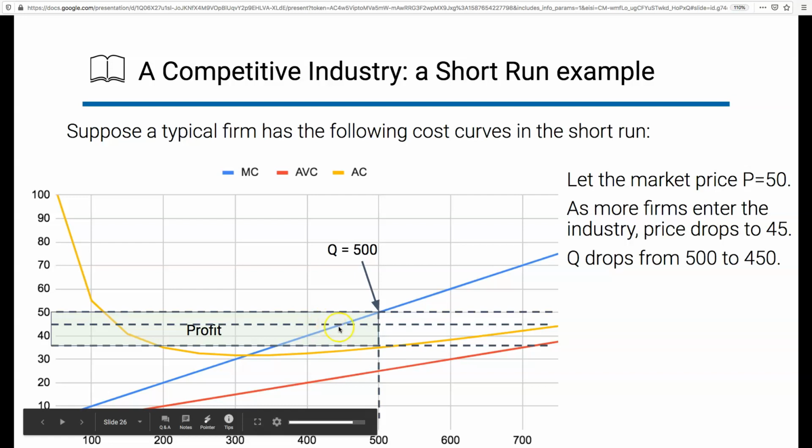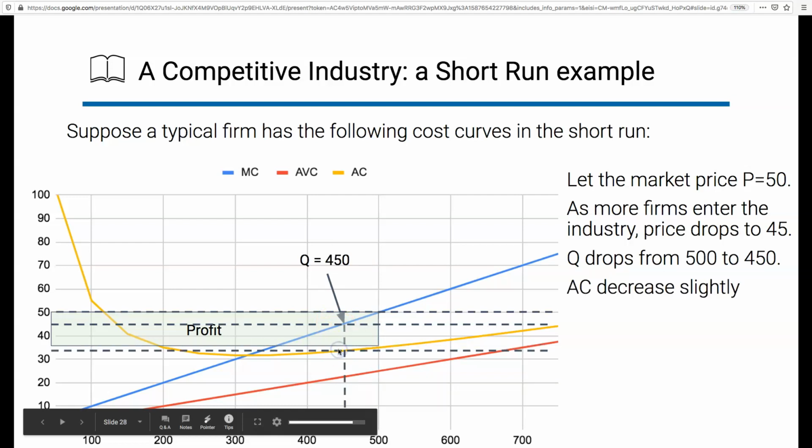The average cost at 450 is still below the price of 45. So at this level, we should still expect to be making positive profit, but presumably with more firms and tighter competition, the amount that we're going to be making is going to reduce. So profit is still positive, but it falls.